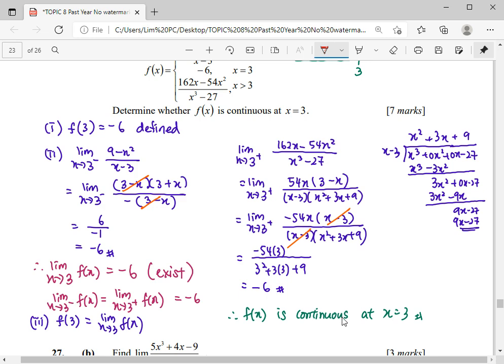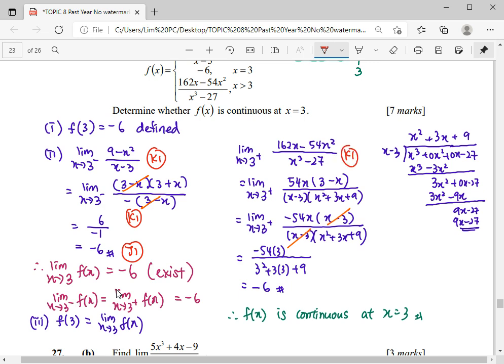So this is our concept. Do the limit from the left hand side separately from the right hand side, and simplify our indeterminate form to get the answer. Separately, because we haven't decided whether it is continuous or not, so we have to do it separately. When they are the same, then only condition number 2 is fulfilled.